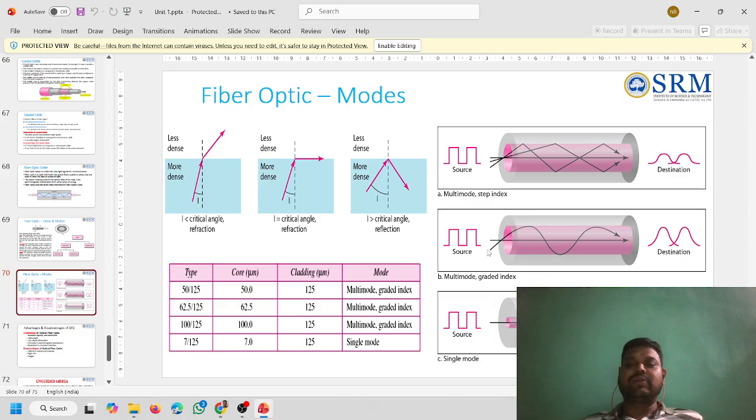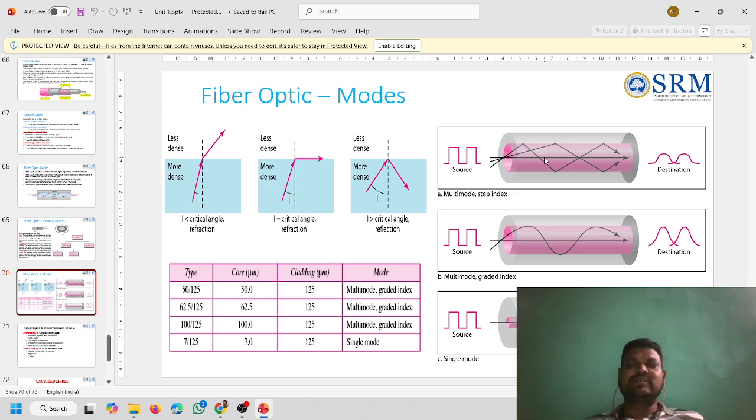Whereas in multi-mode, graded index or step index, the signal is traversed in multiple directions or multiple paths when transmitted from the source to the destination. The paths are determined by the angle of incidence.